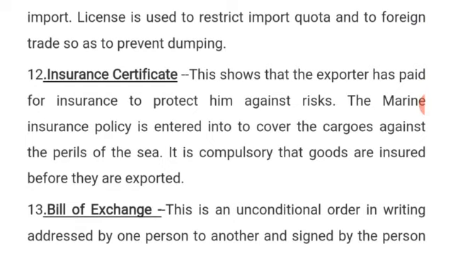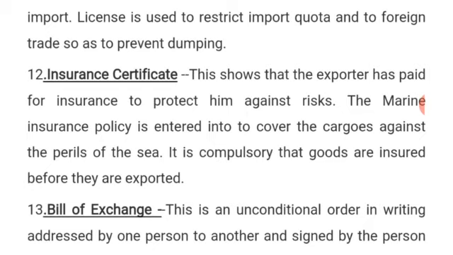For example, if goods are coming by air, the goods might be stolen or lost on the way. And if it's by sea, the goods might perish or be sunk.